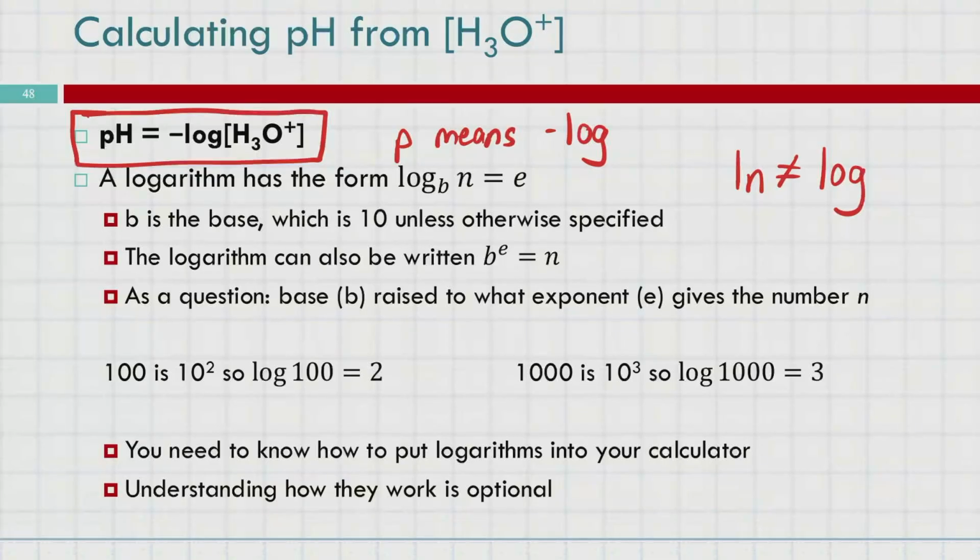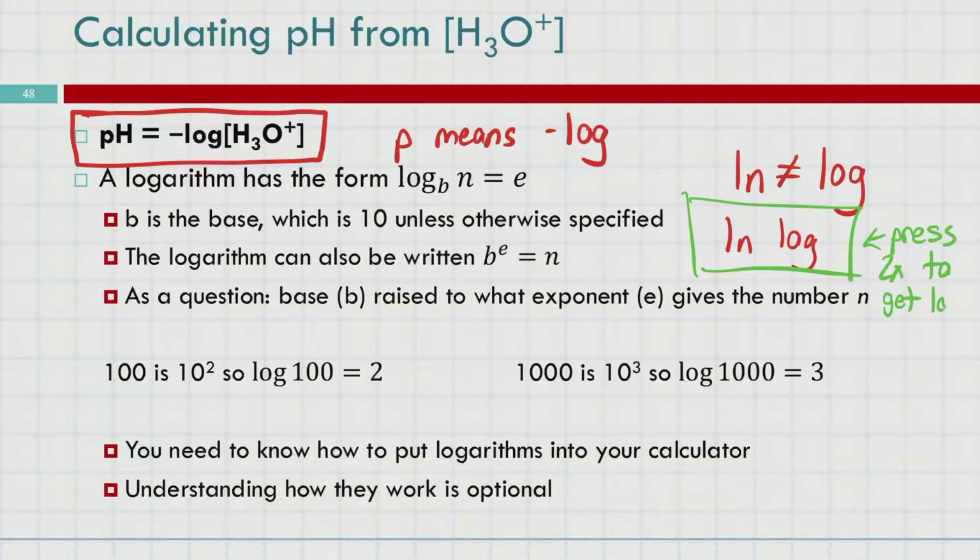So if you've got the ln log key, if this is on your calculator, press it 2 times to get log. Some of you might not have that. My calculator has that. If you press it once, it'll give you ln. If you use ln instead of log, you will get the wrong answer 100% of the time.